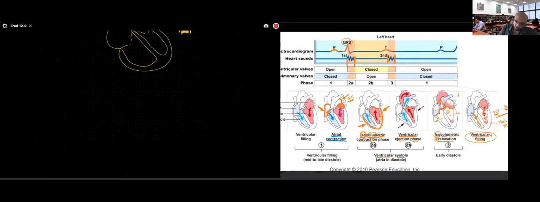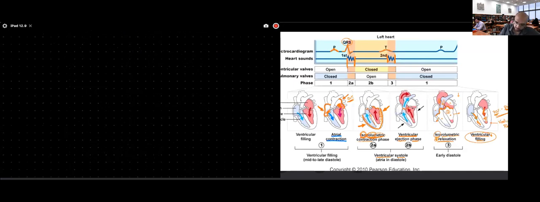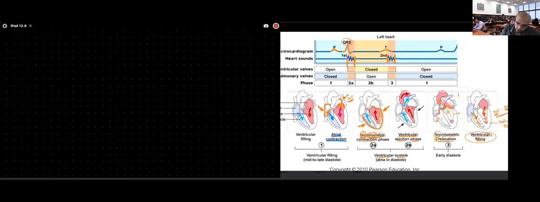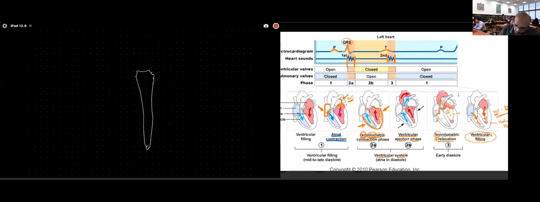So here, if I'm looking at the chest of a person, this is my sternum. This would be the clavicle on here.